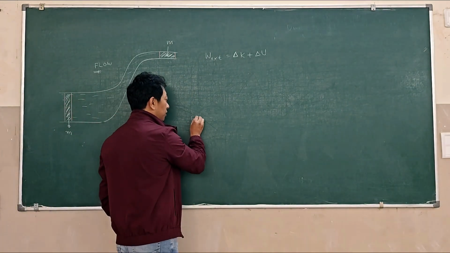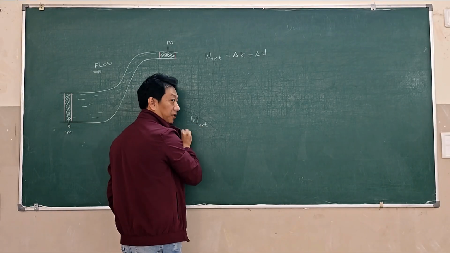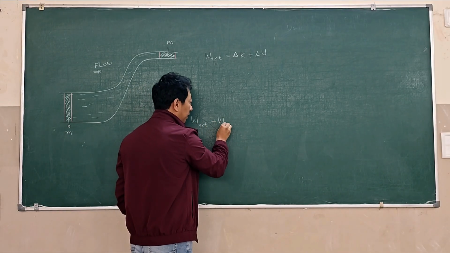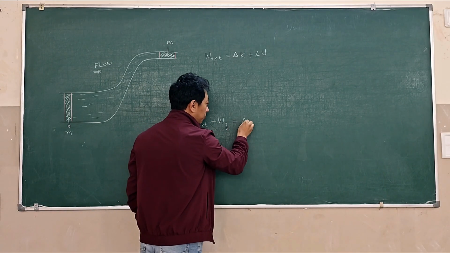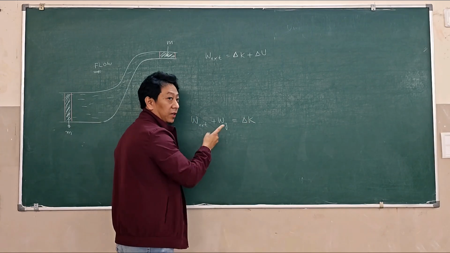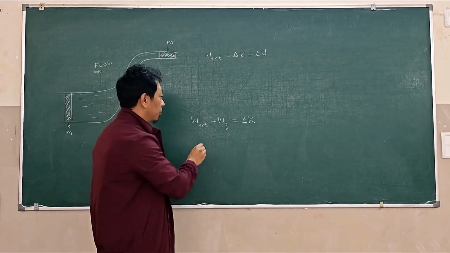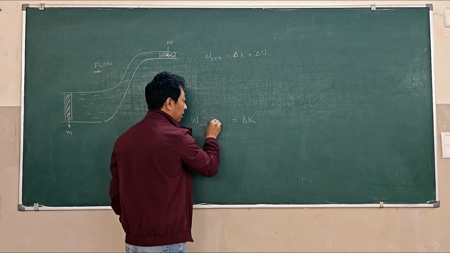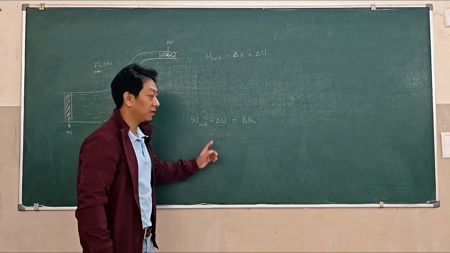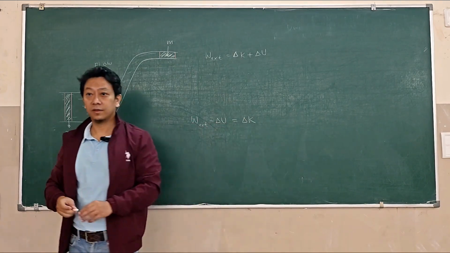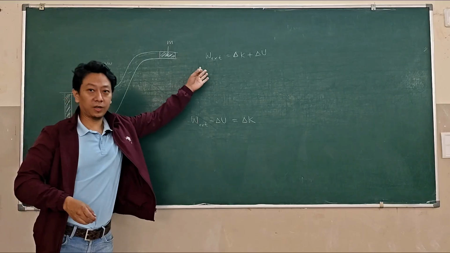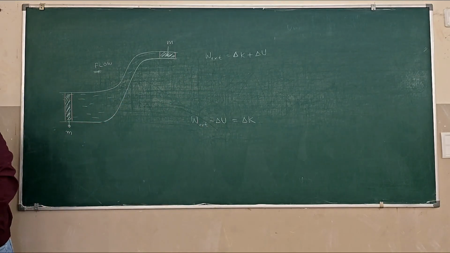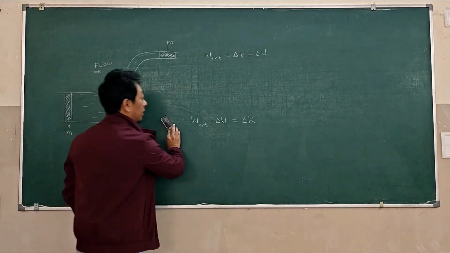Work done by all forces means what? Work done by some external forces plus work done by gravitational forces is equal to delta K. Gravity is conservative force, so work done by conservative force can be written as minus delta U. That will go that side. So this is nothing but work energy theorem only. What theorem? Work energy theorem.